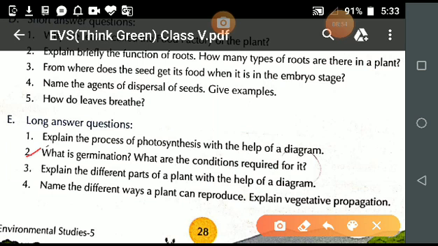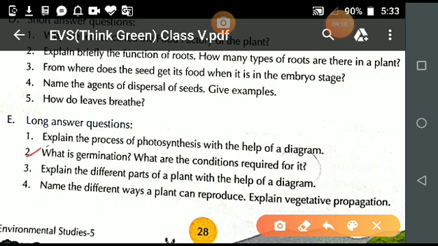So for the growth of the baby plant, it takes food from the cotyledons. And later what happens? It obtains food from the soil.